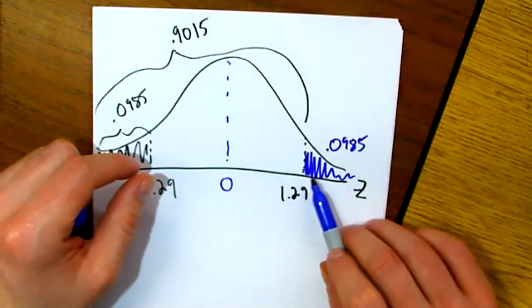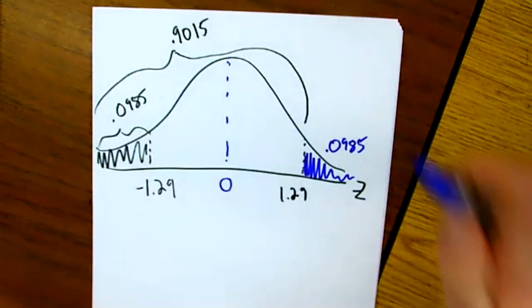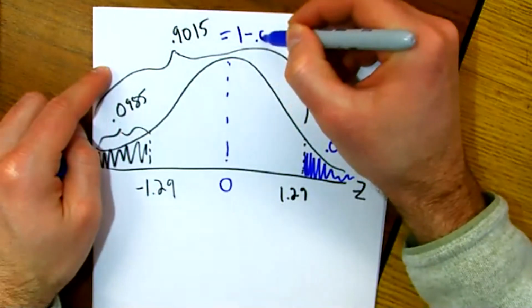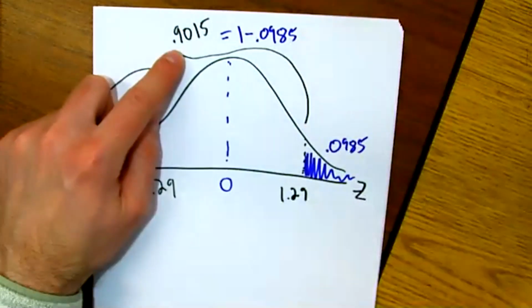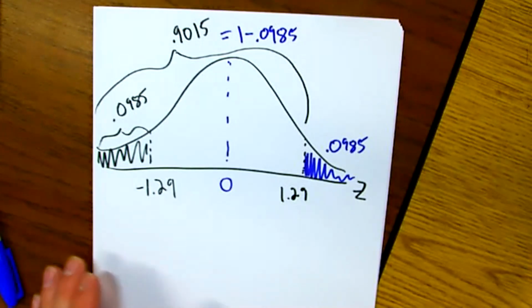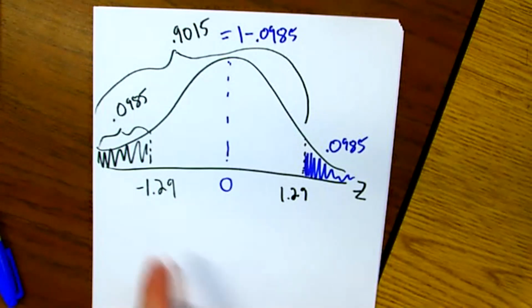Once again, if I've got the area to the right of 1.29, what does the area to the left have to be? Well, the area under the curve is 1, so it would just be 1 minus that 0.0985, or when I looked it up in the table, it gave me that value of 0.9015. So I'm trying to piece these things together: because it's a symmetric distribution, it sometimes makes life a little easier to think about the same z-score values, but one's positive, one's negative.